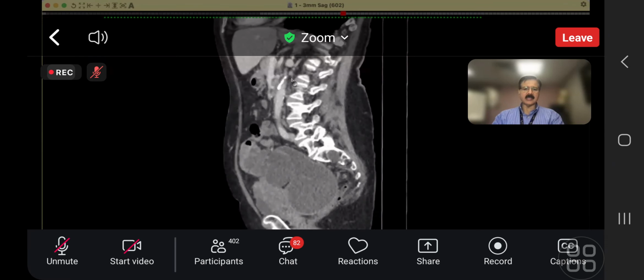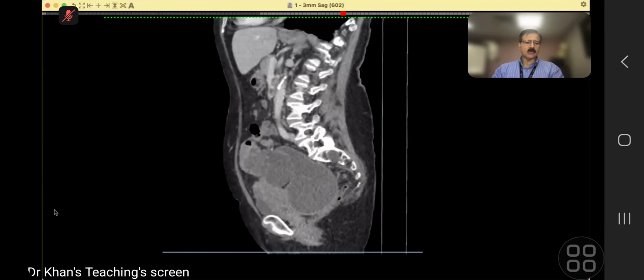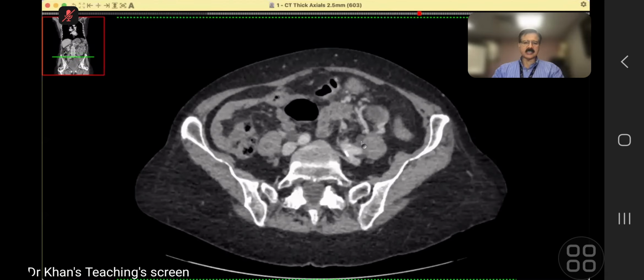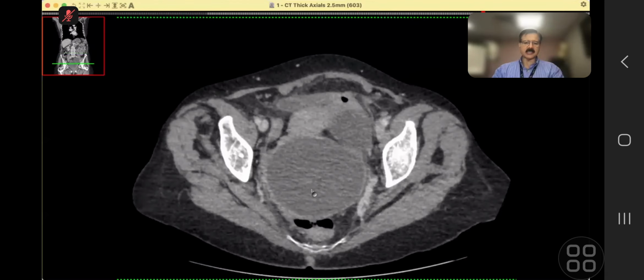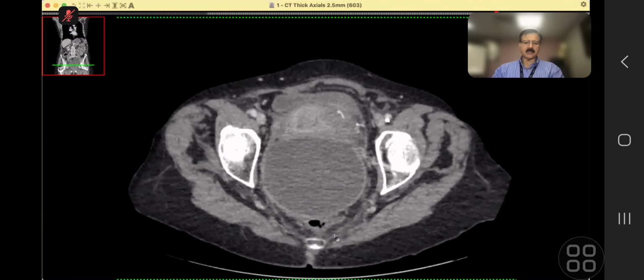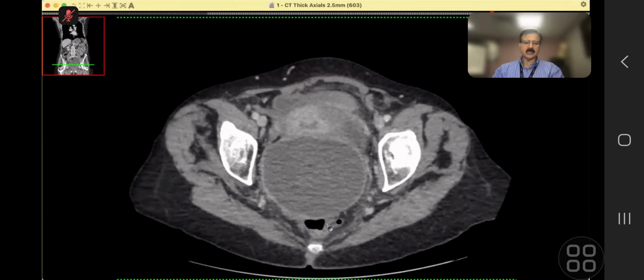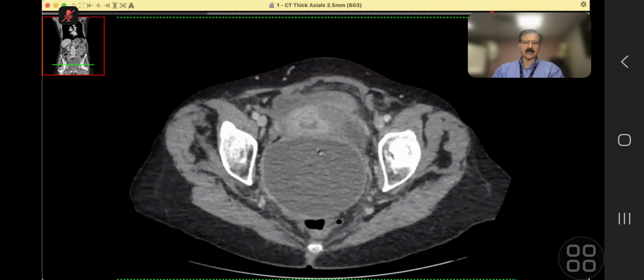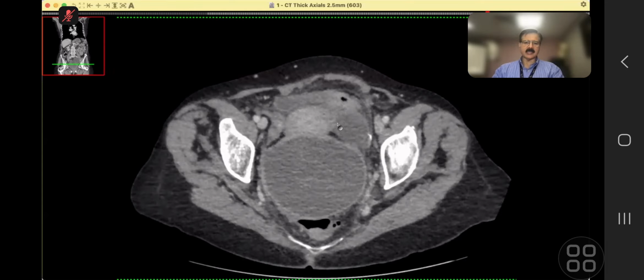But then the findings. On this CT scan, what we can see is that there is a mass here, and this is the rectum. The mass is in between the uterus and the rectum, and looks very well rounded. If you see the uterus, you can see that the myometrium here is indented by something.